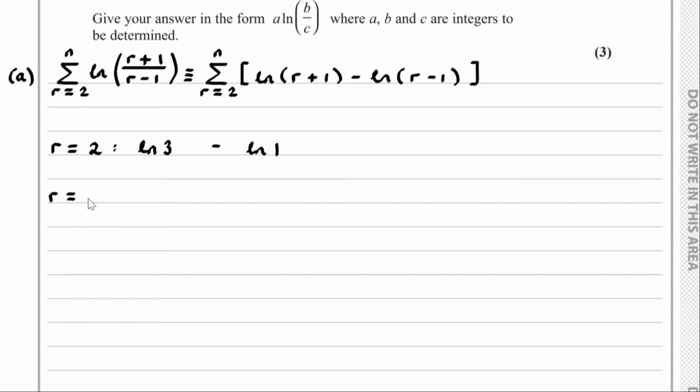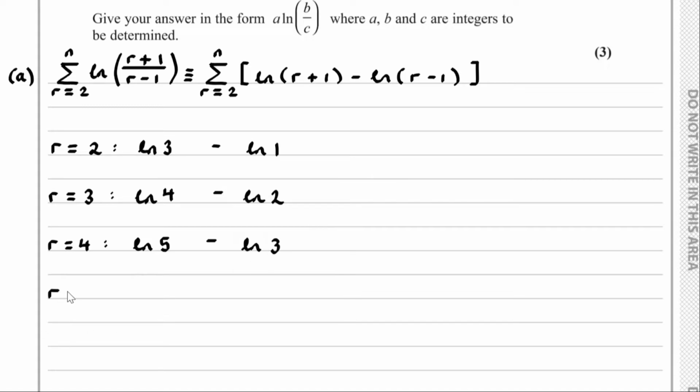When r equals 3, we've got the natural log of 4, subtract the natural log of 2. When r equals 4, we've got the natural log of 5 minus the natural log of 3.